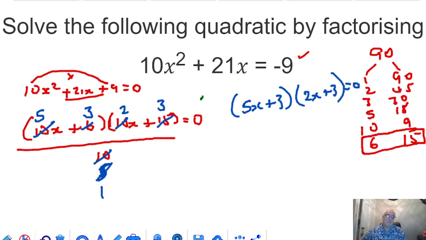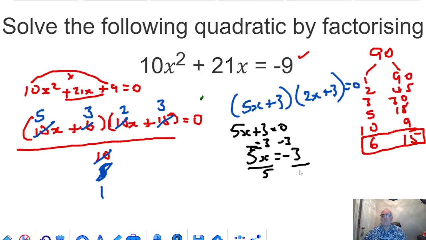Then you would solve for x. So 5x plus 3 equals 0. Subtract 3 from both sides. 5x equals minus 3. Divide through by the 5. x equals negative 3/5.